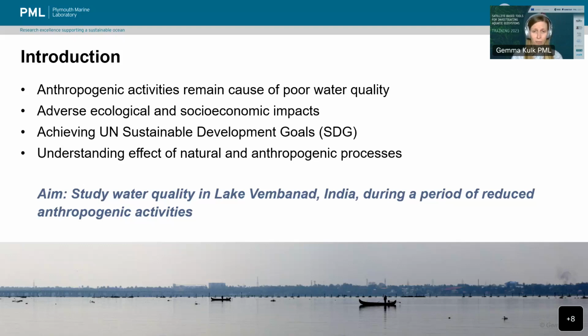This requires an assessment of the impact of human activities on water quality. However, it's often not straightforward to demonstrate the direct effect of various anthropogenic activities on water quality. And so during 2020, a unique opportunity arose to study water quality in Lake Vembanad under reduced anthropogenic activities.